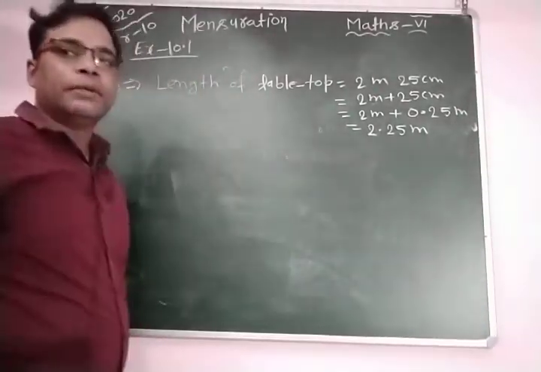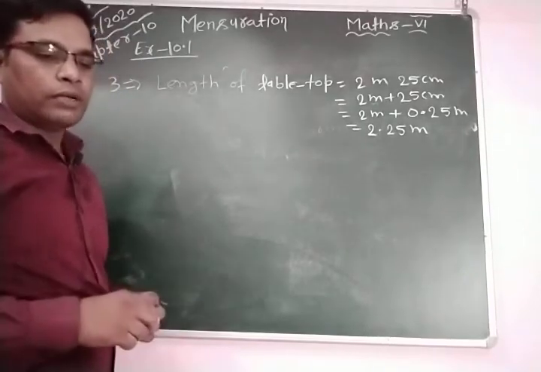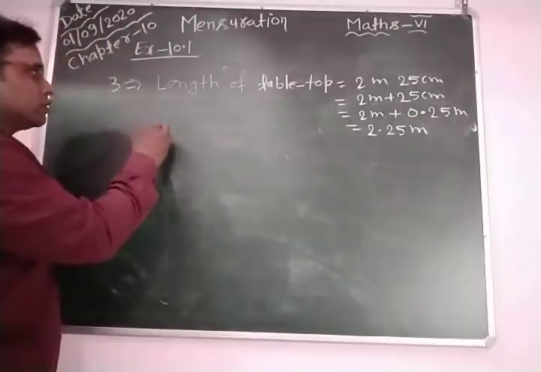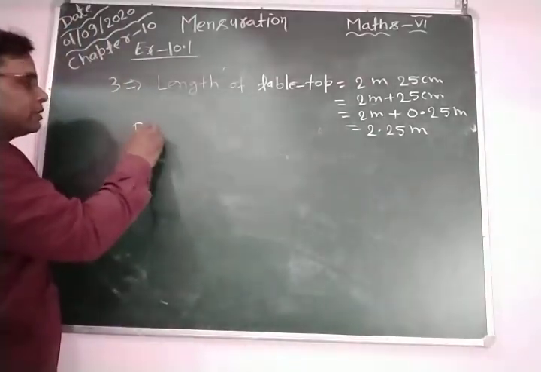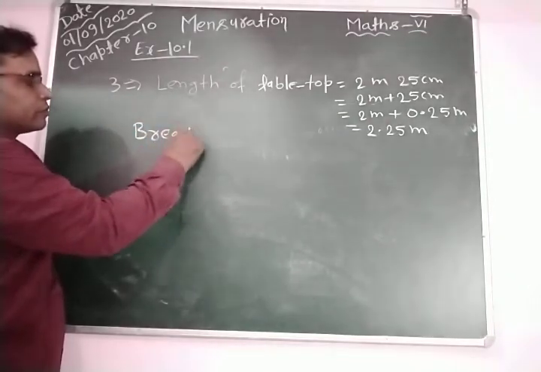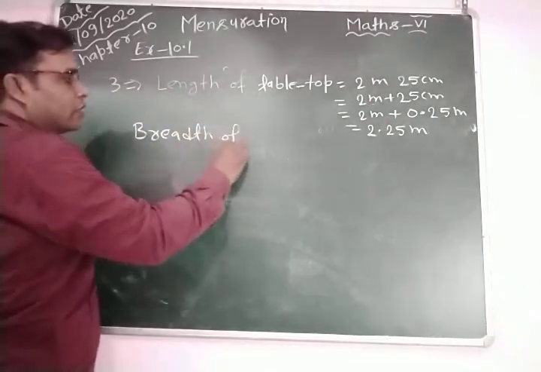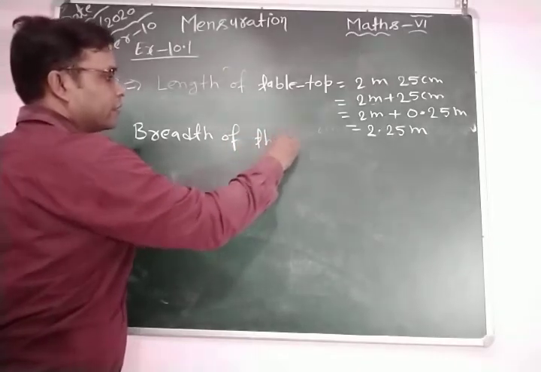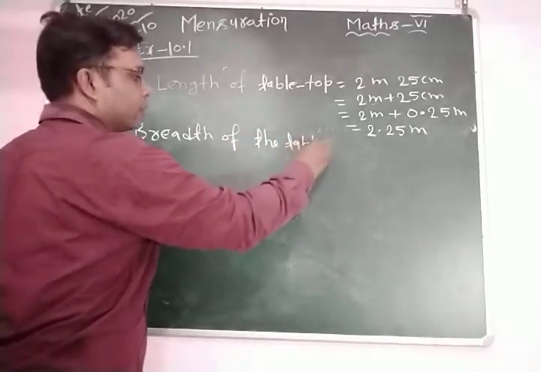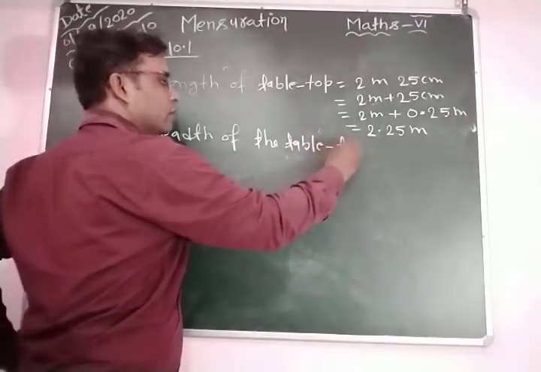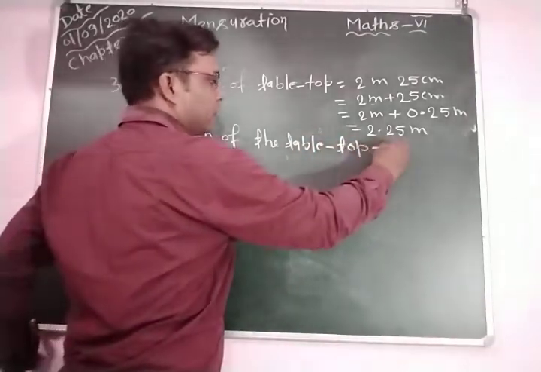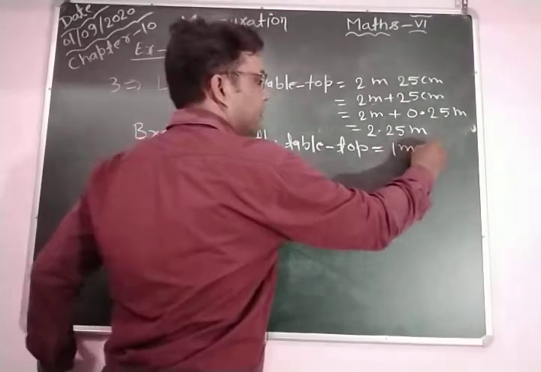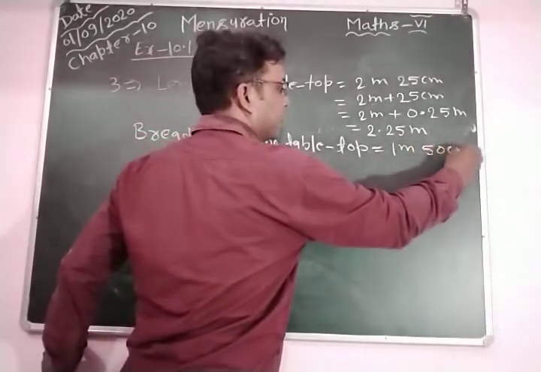Now in this question, one more piece of information is given: the breadth of the tabletop. The breadth of the tabletop is given as 1 meter 50 centimeter.